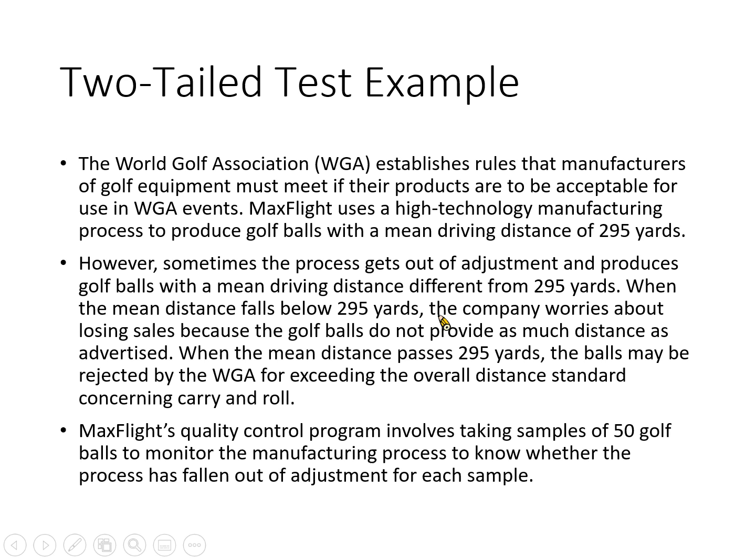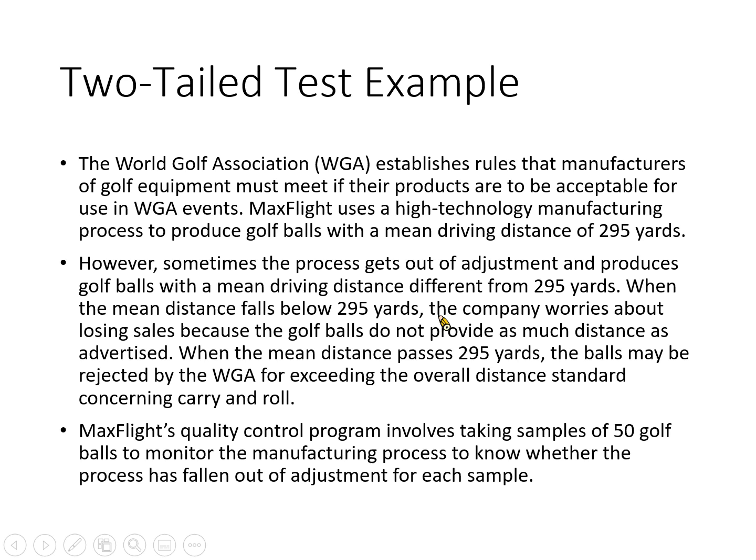But the company knows that sometimes in the process they will find some distance difference from 295 yards. So today they are thinking about whether they should launch a quality control program to adjust their products in the manufacturing process in order to meet the expectation of WGA or not.